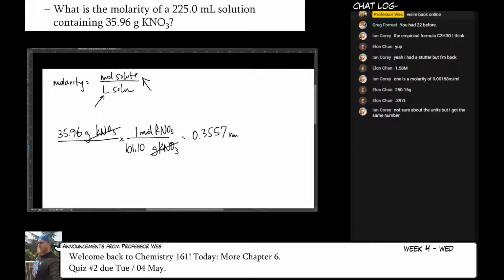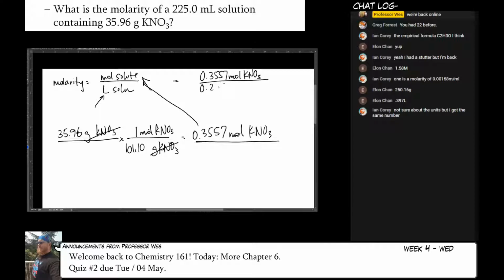0.3557 moles of KNO3. So that's the number of moles of solute right here. And the liters of solution is just that number that's on the screen there, 225 milliliters, but turned into liters. So I'm going to write it like this: 0.3557 moles KNO3 divided by that volume in liters, which would be this.